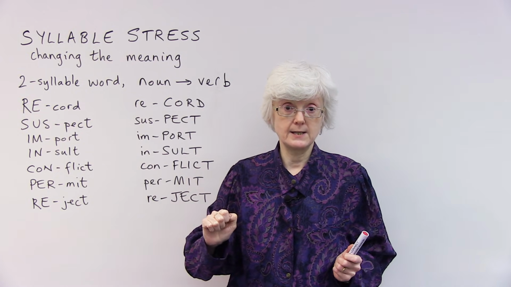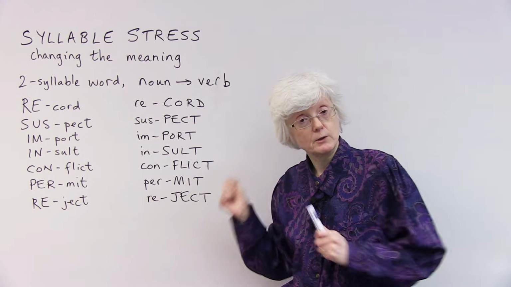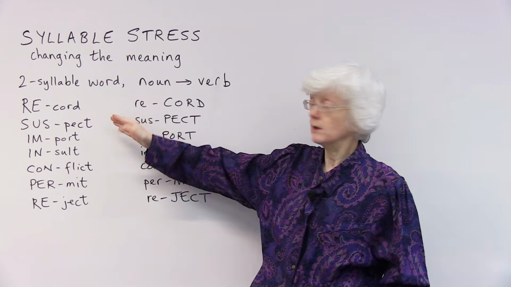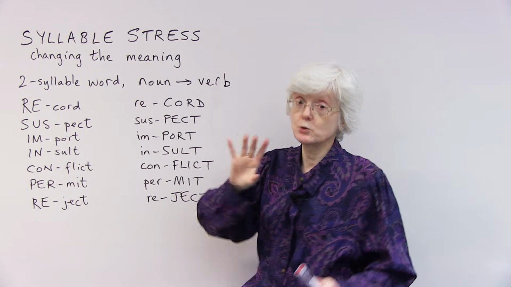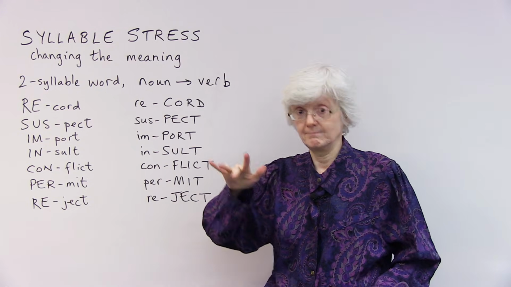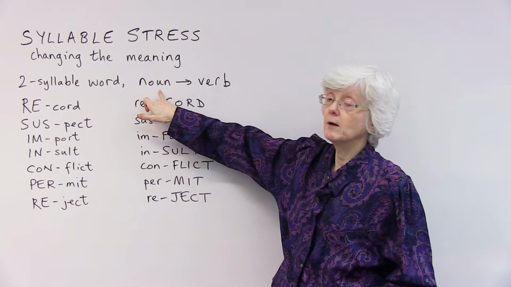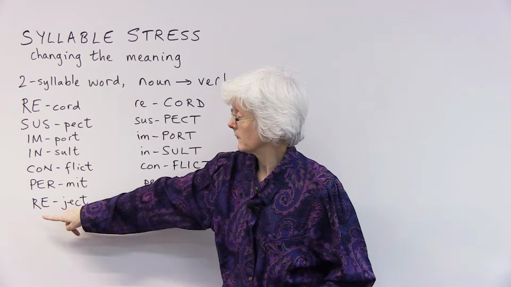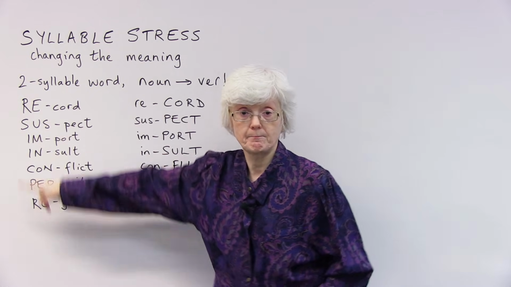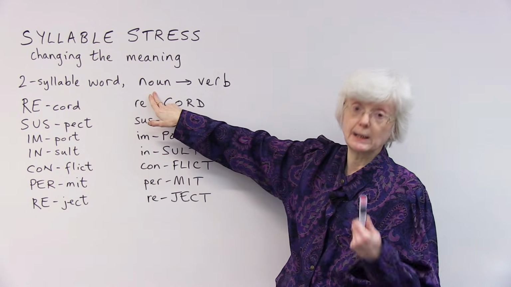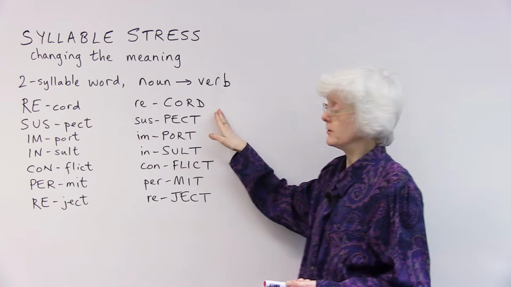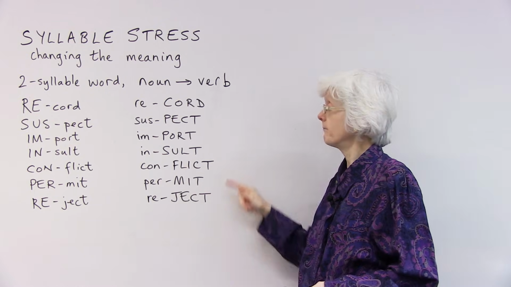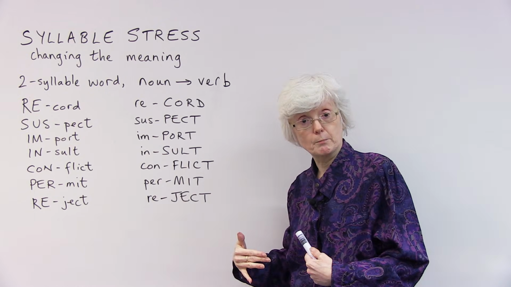So we're going to start with the easier part, which is a two-syllable word. Two syllables, where if you stress it on the first syllable, where I've put capital letters, it's the noun. And if you stress it on the second syllable, again capital letters, it becomes the verb.